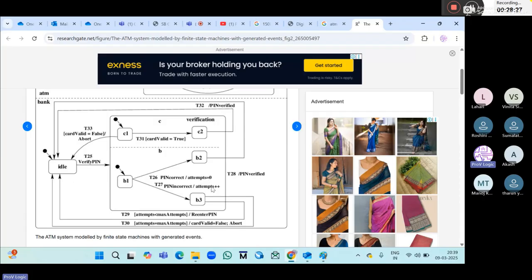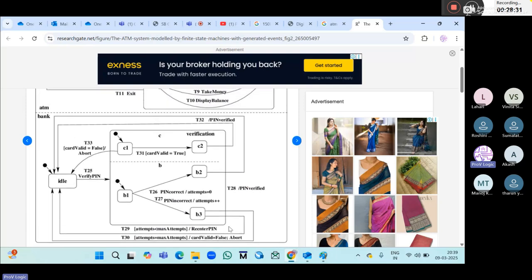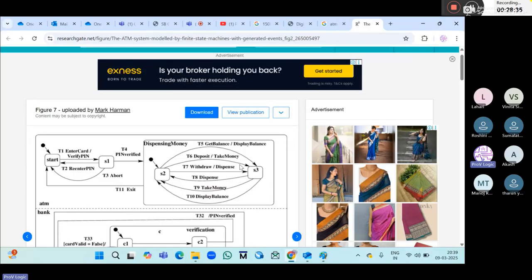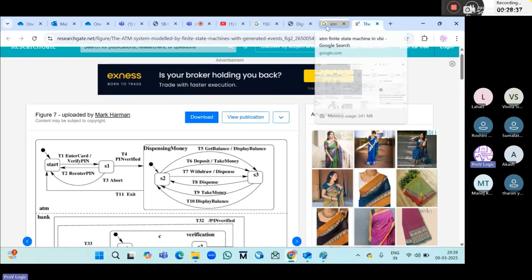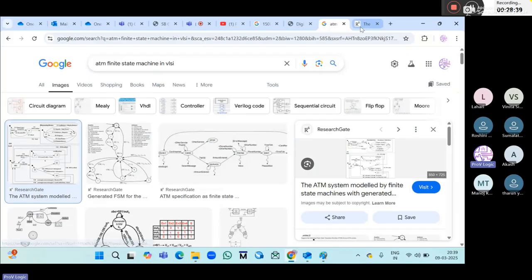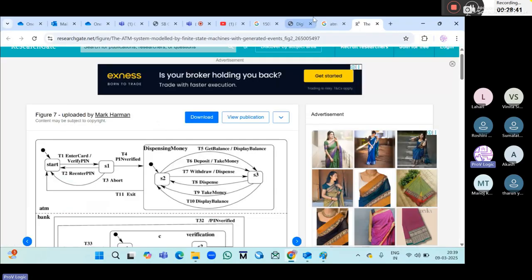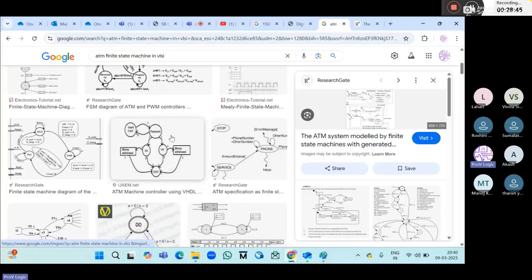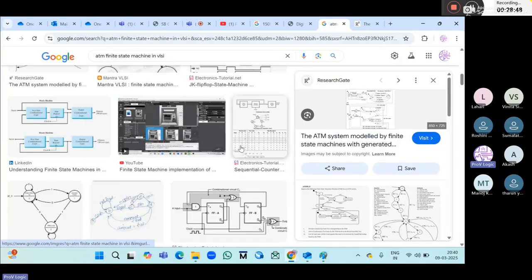Next, pin incorrect or attempts plus plus. So we can design it any way. It totally depends on our functionality. If you want to design something very simple, you can choose this. This diagram is very simple. If you want to go with something complex, then you can draw your own finite state machine also.